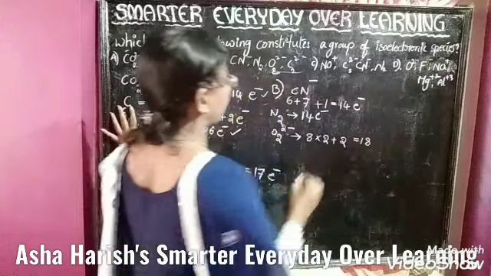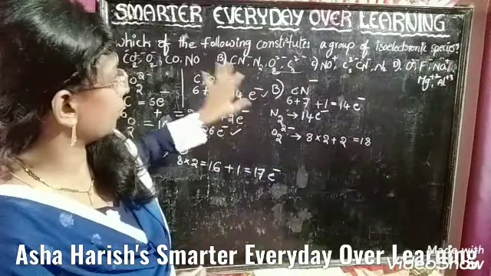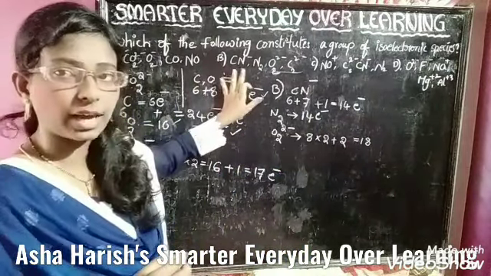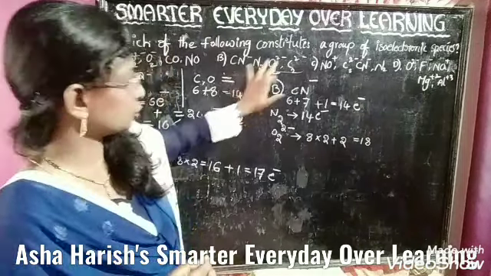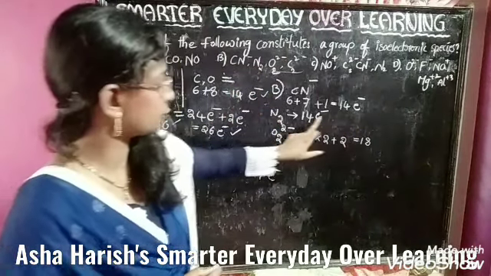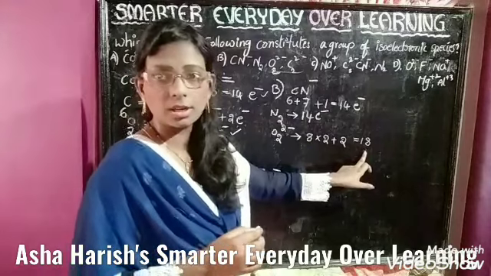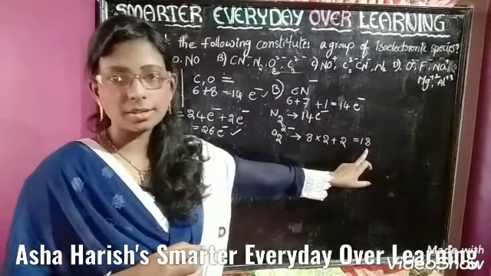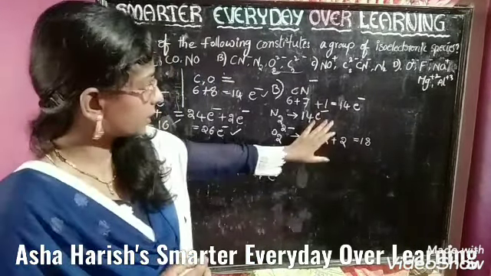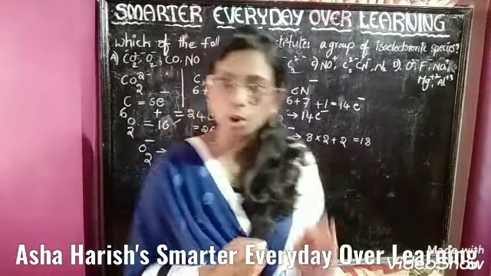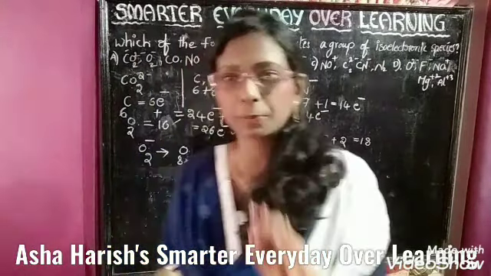So students, for option B, CN minus and N2 have 14 electrons and O2 2 minus has 18 electrons, so option B is also a wrong answer for the isoelectronic species.